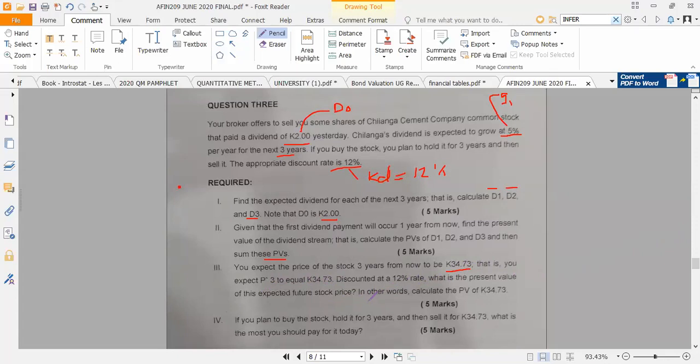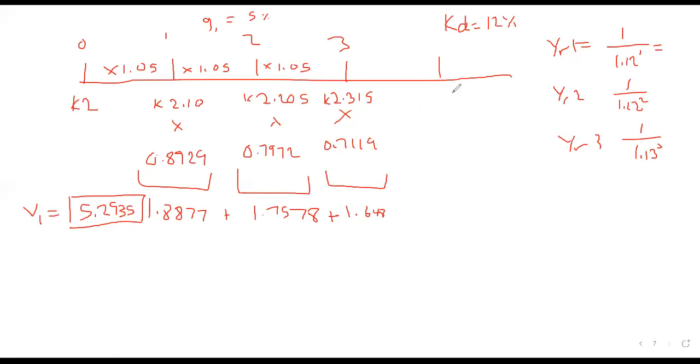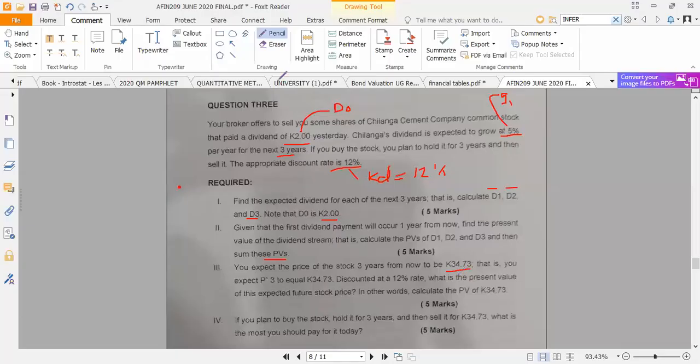In other words, calculate the present value of 34.73.